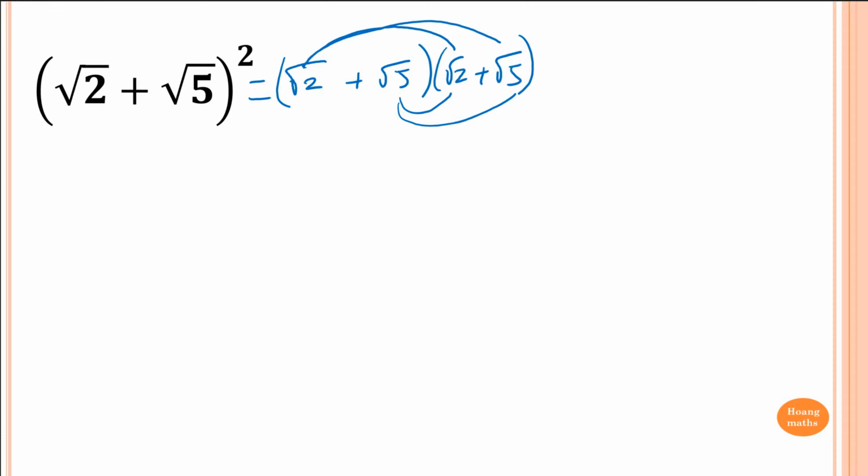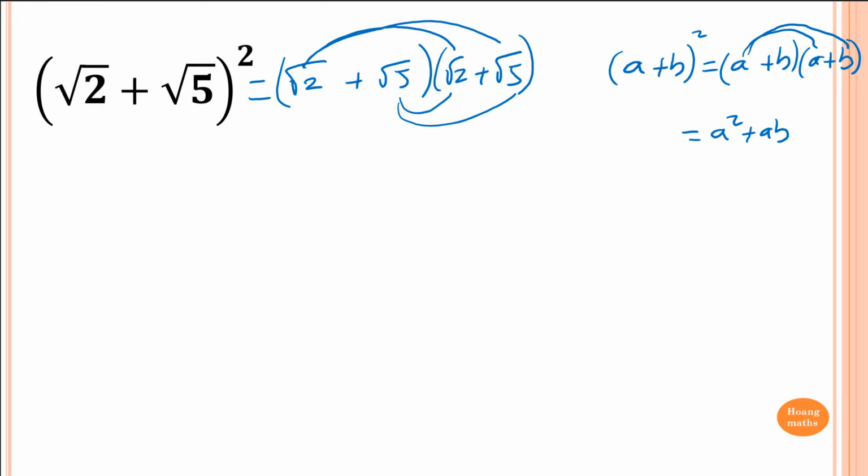But I'm not going to use these techniques because it's a perfect square. So I'm using the perfect square rule. Now the rule is this: a plus b all squared is the same as a plus b times a plus b. Now if I expand this, a times a is a squared, a times b is plus ab, and b times a is the same as ab. 2 times 3 is the same as 3 times 2, so you can write it like that.